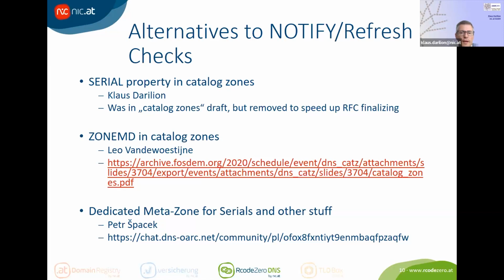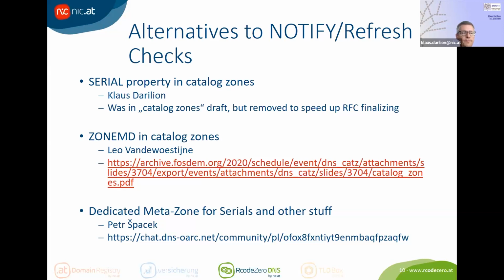So, as I have the problem, I have already thought about solutions to this problem. I once had the idea of encoding the serial of a zone in catalog zones, so that attached to each member zone, we also published the serial in the catalog zone. We had this in the draft, but we removed it because there were some discussions, and to speed up the finalizing of the RFC, we decided to remove it and maybe make another RFC later.